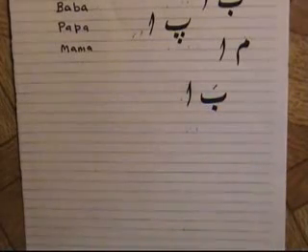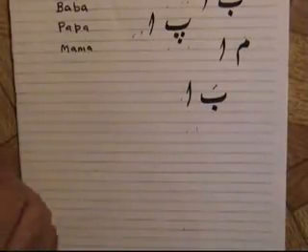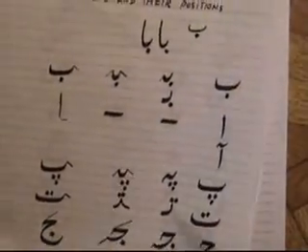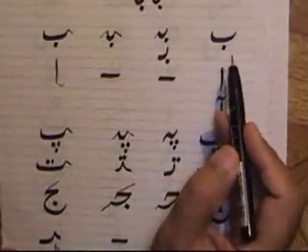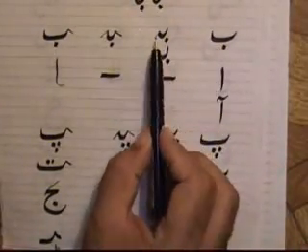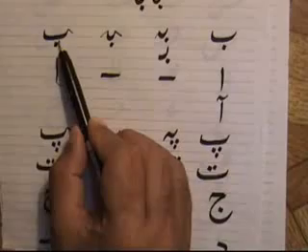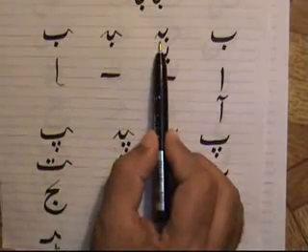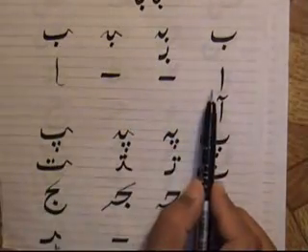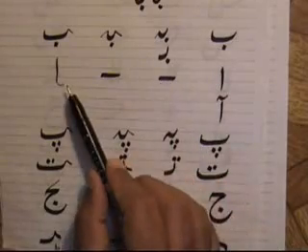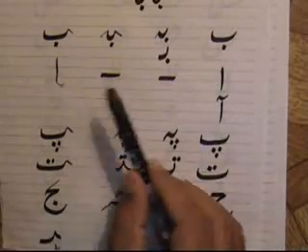If you see in our previous video, we have learned that Be can assume all three positions: initial position, medial position, and final position, whereas Alif has only the final position.